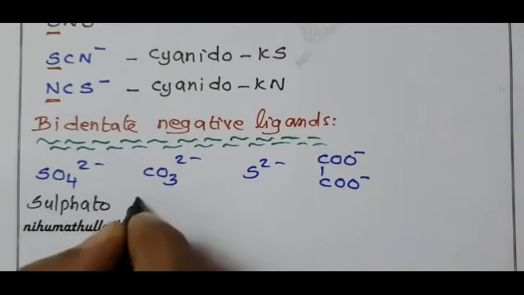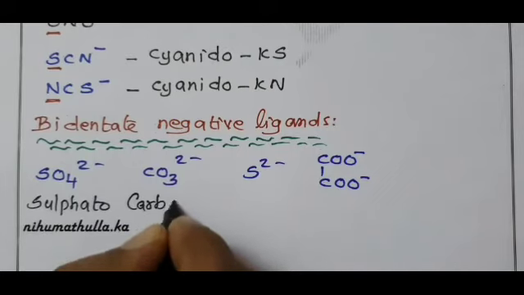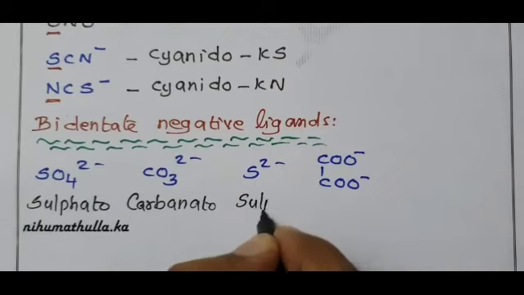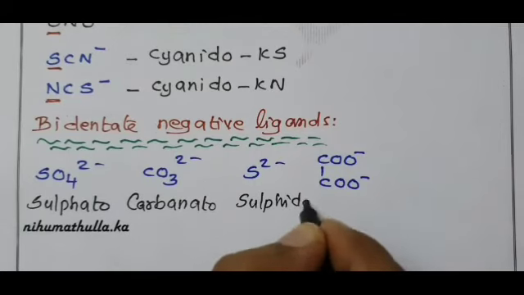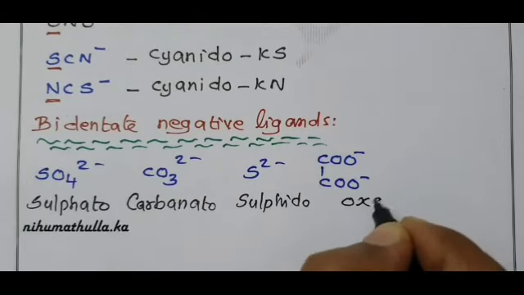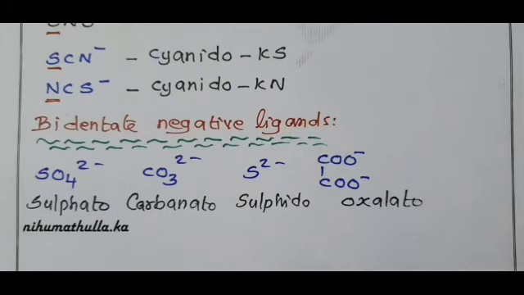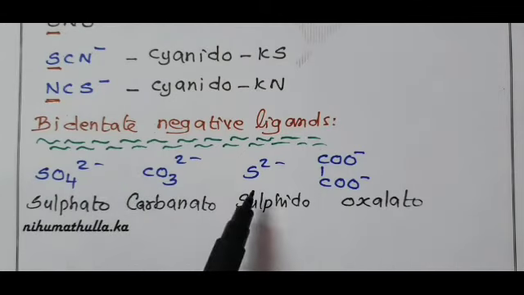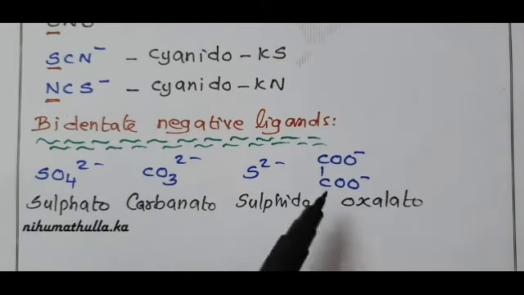Sulfato, carbonato, sulfido, oxalato. Each of these forms one ligand, forming two bonds with the central metal ion.